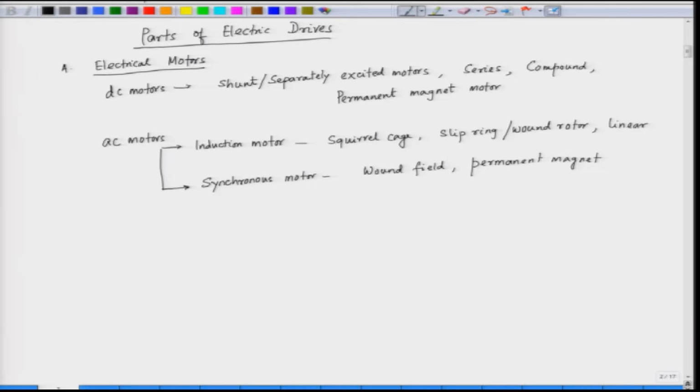Now, apart from the DC motors and AC motors, we have some special motors. For example, a class of motors are called brushless DC motors. The DC motors usually have brushes. Now, the brushes and the commutator require a lot of maintenance, because the brushes repeatedly wear out, they have to be replaced, and they also create sparking.